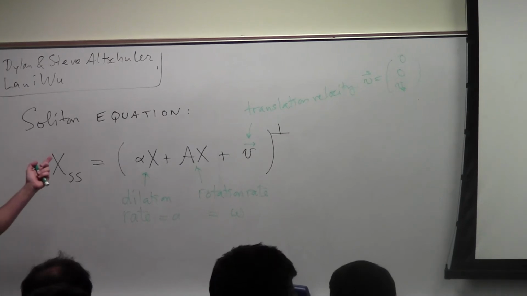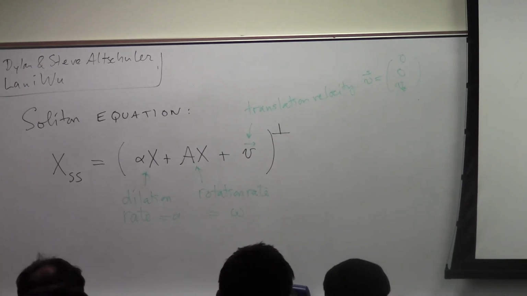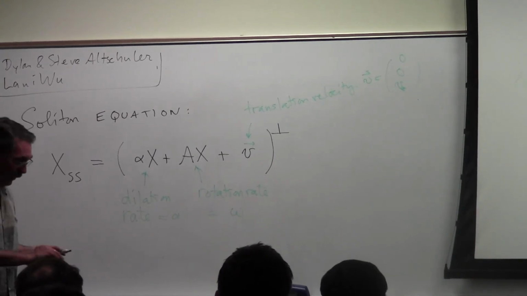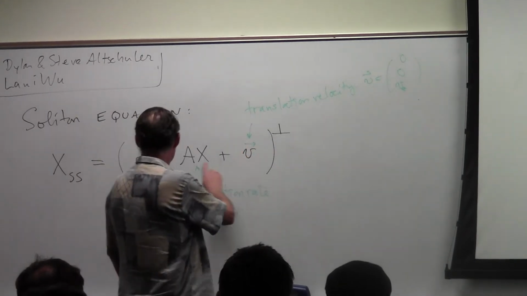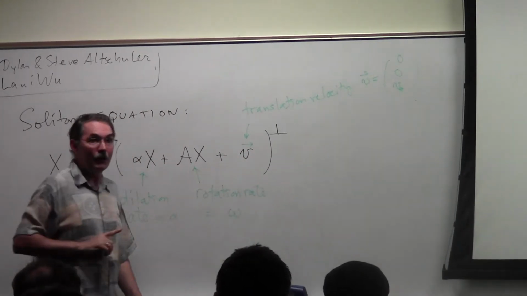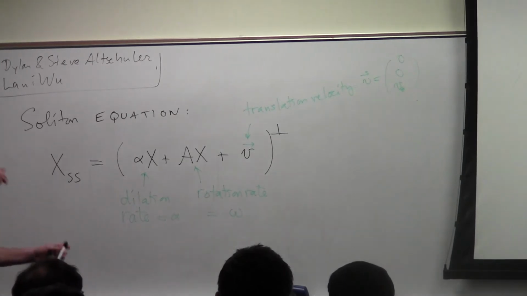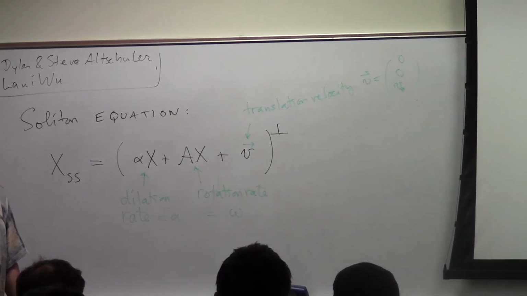Does it have to translate in the direction of the axis of rotation, or is that just an assumption? You could make no assumptions about alpha, A, and b at all, and you would get solutions that are solitons for curve shortening.